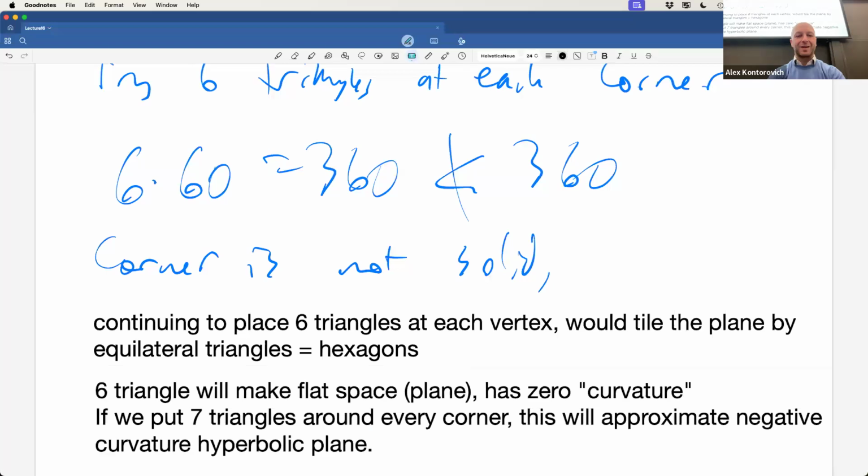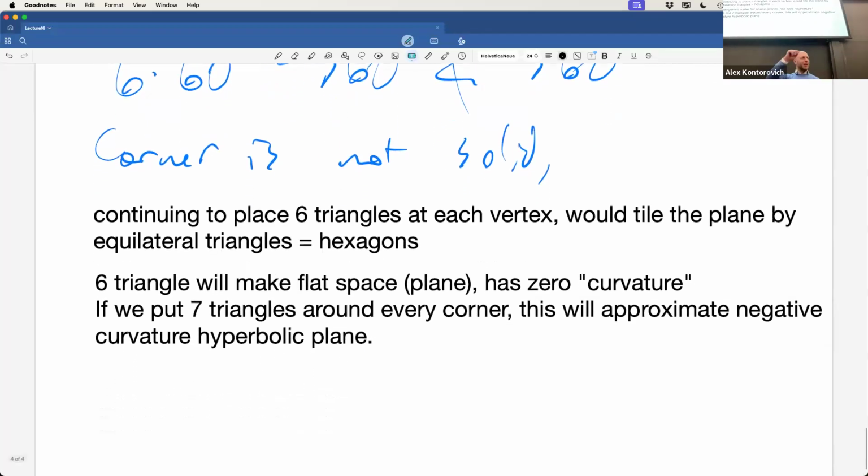Hyperbolic. Okay. I added a link in the course page to a hyperbolic crochet website where you can see how people are making, with cloth, or with string I guess, approximations to this kind of shape.